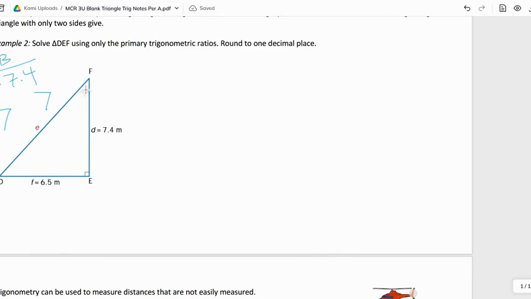So F and F are corresponding. If side F is the shortest, that also tells you that angle F will be the smallest. And if side D is in the middle, that means that angle D will be in the middle. This is another really good concept to understand in order to check your answers when you say, does my answer make sense?